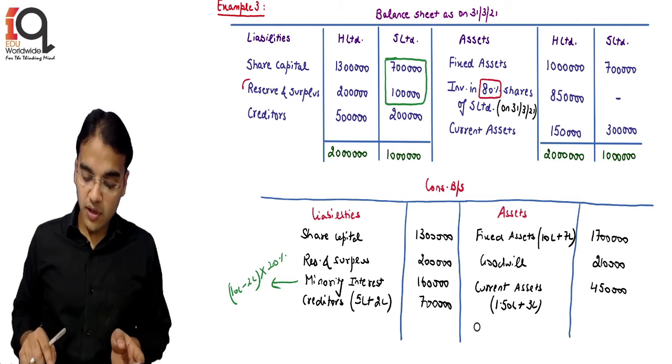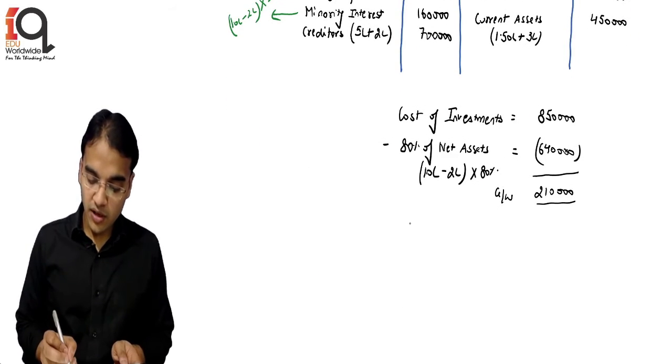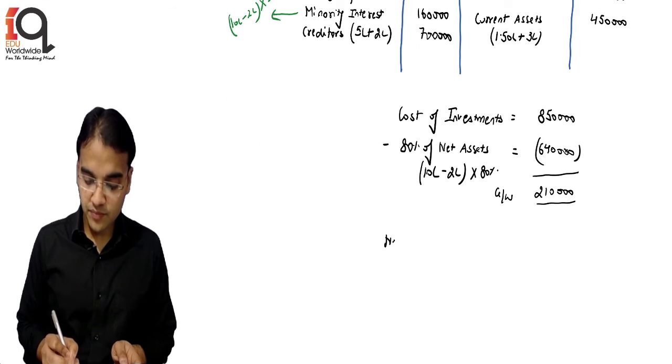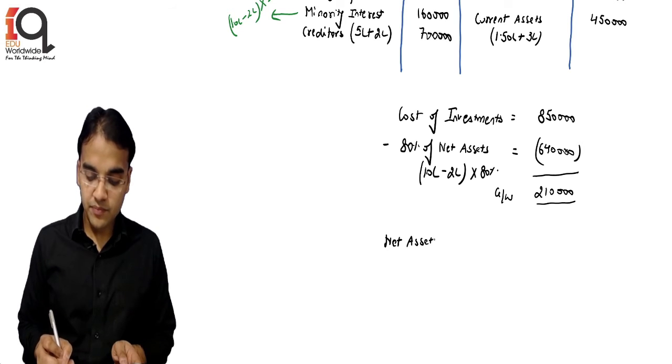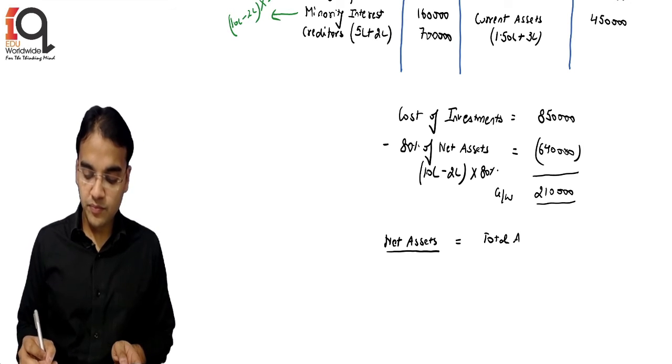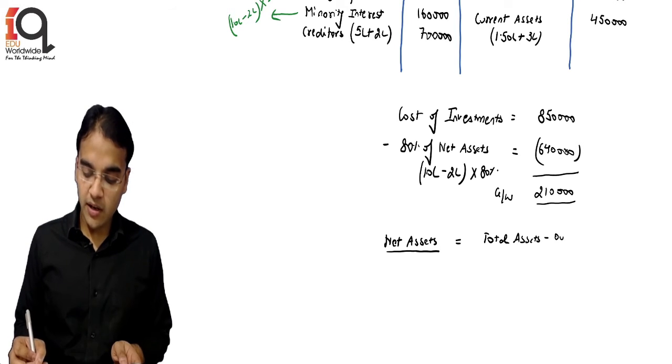So if I put it this way, net assets, we have acquired the net assets on that day. So that is nothing, total assets minus outsider liabilities.